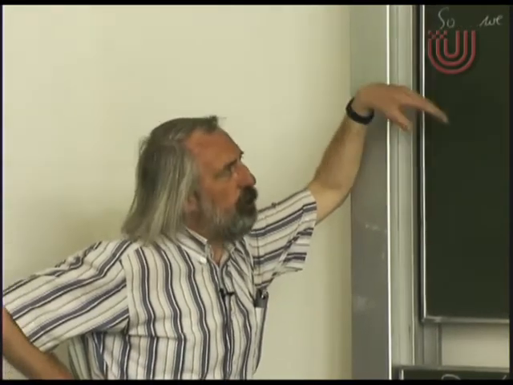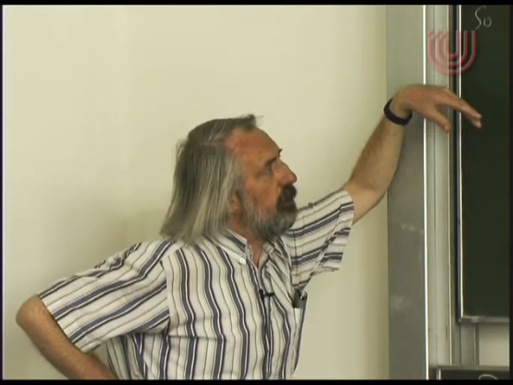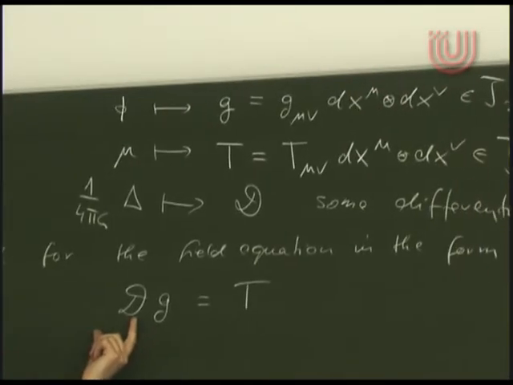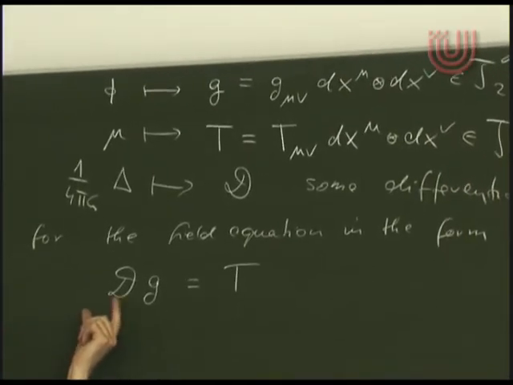And from our point of view, I think the best approach to Einstein's field equation is using this theorem. It was proven in the 1970s by a person by the name of Lovelock. It's known as the Lovelock theorem. And it tells us that this operator is uniquely determined by two properties which are very natural in our context.